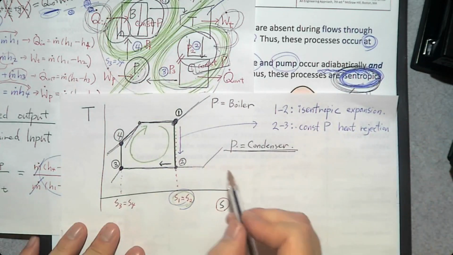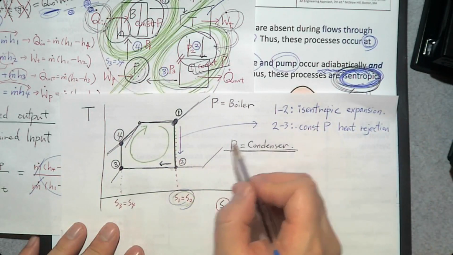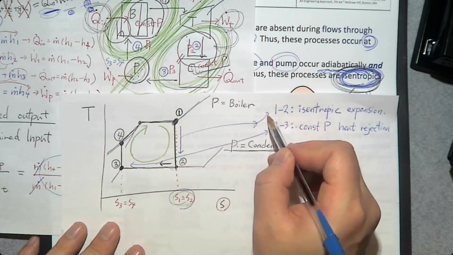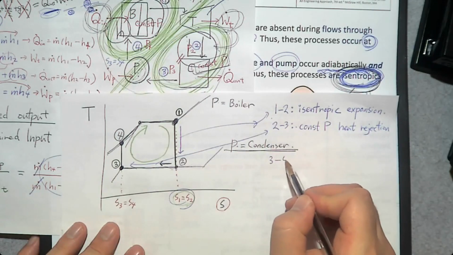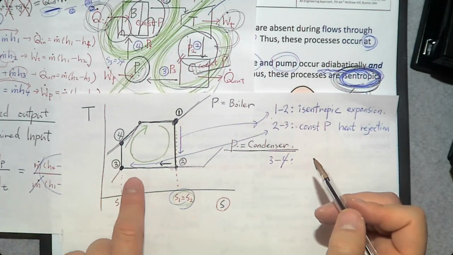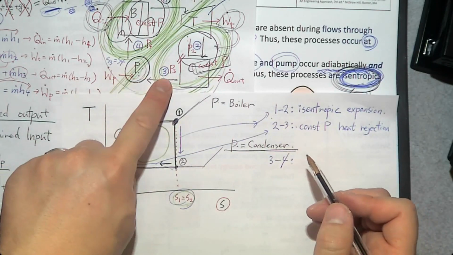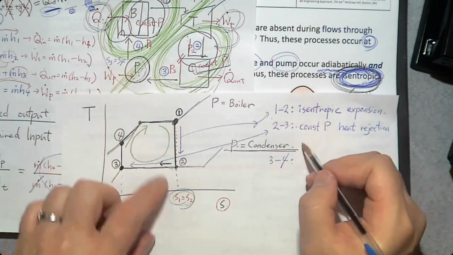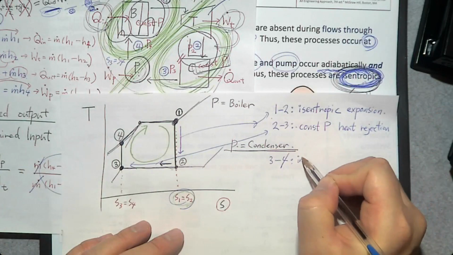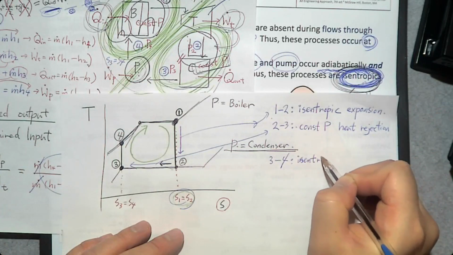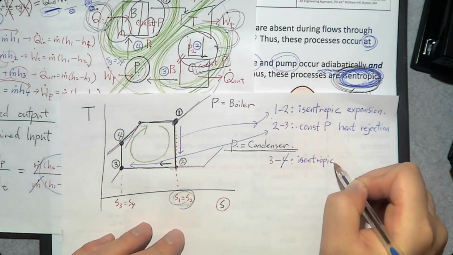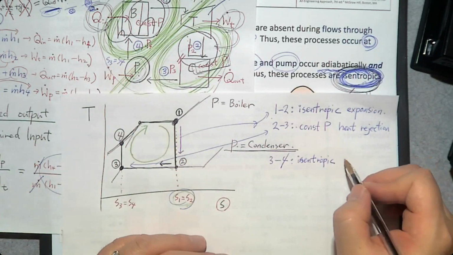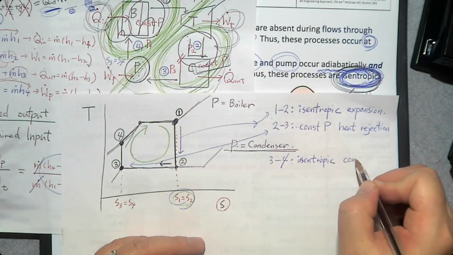And that's process 2 to 3, this one. And process 3 to 4, that is this pump from 3 to 4. That's an isentropic pump. So it is isentropic. What happens in the pump? Pressure goes up. Isentropic compression.